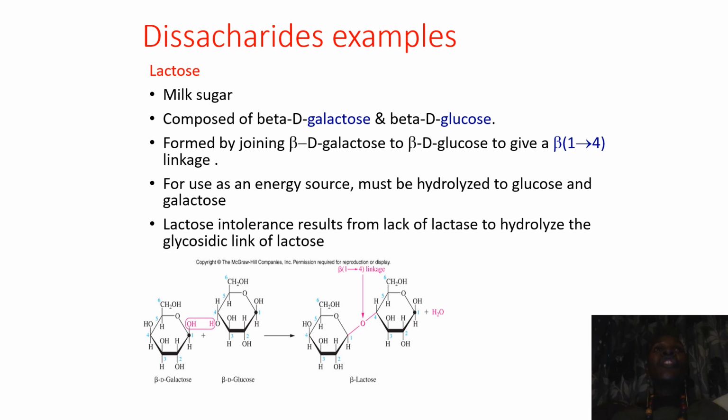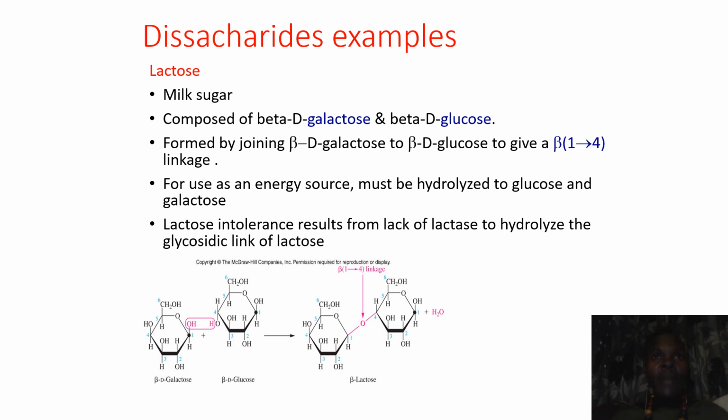The OH is above. So since we talk about the linkage being beta-1,4, it means the first monosaccharide component being a beta-D-galactose, the OH is above, it's easier to extend the glycosidic bond up. So it forms a beta-1,4.